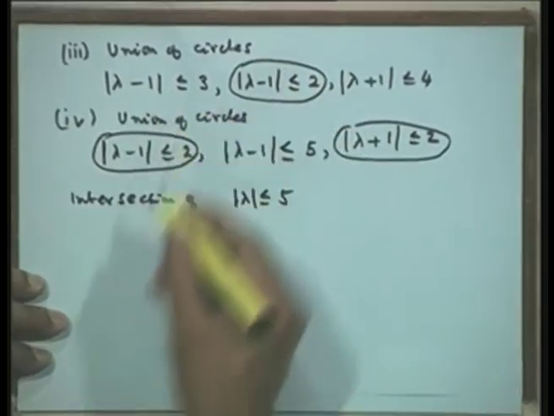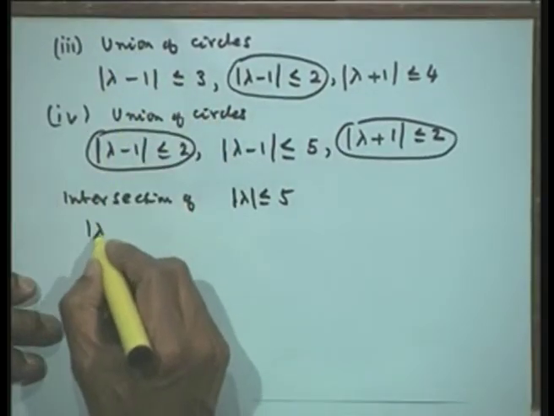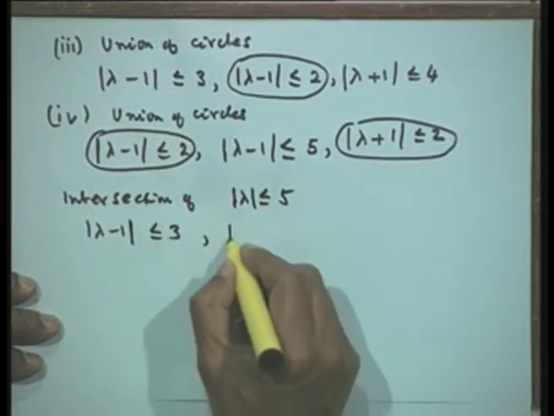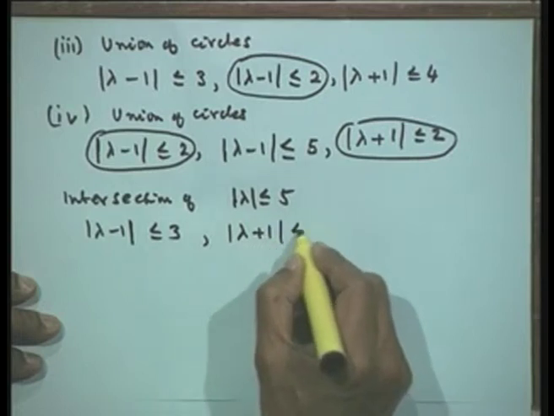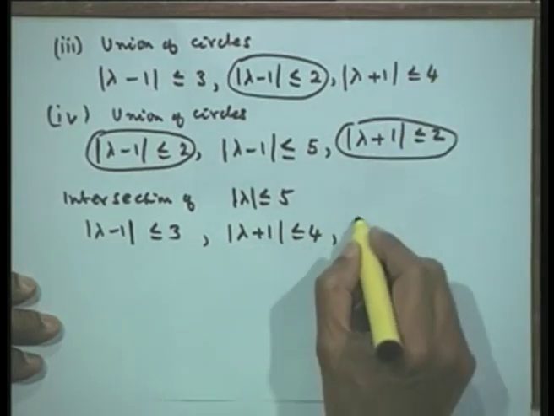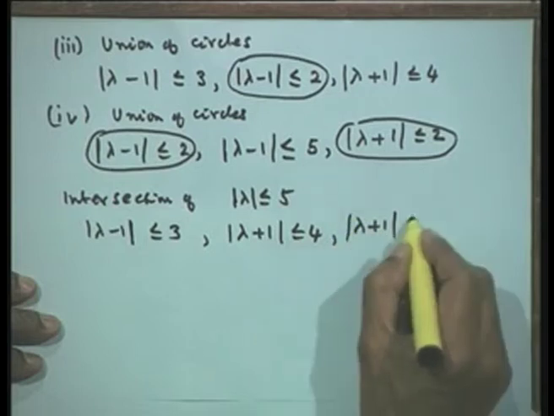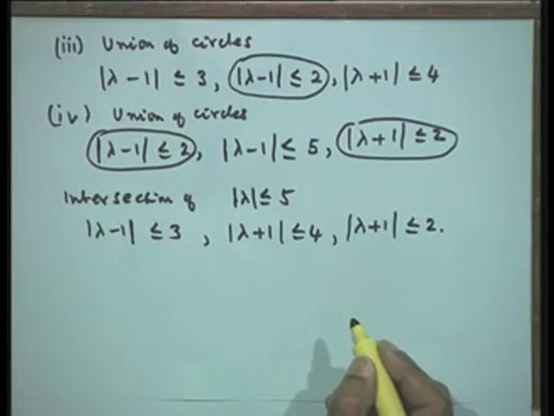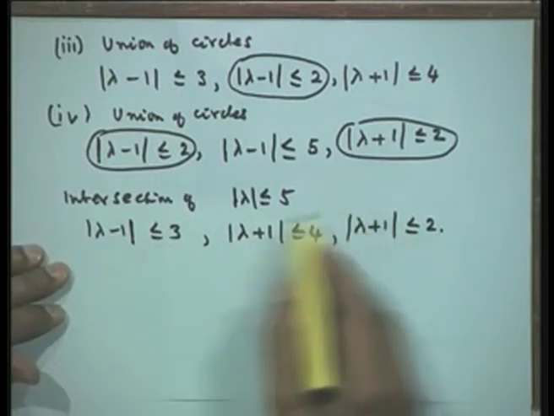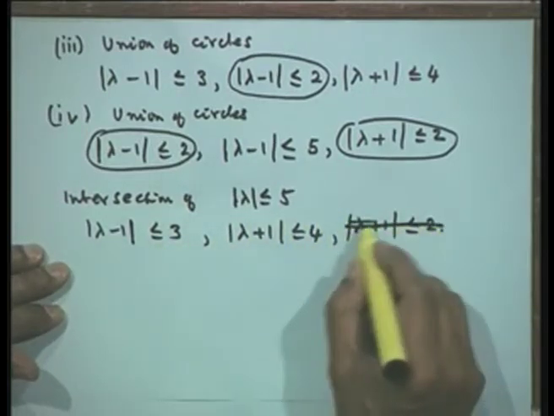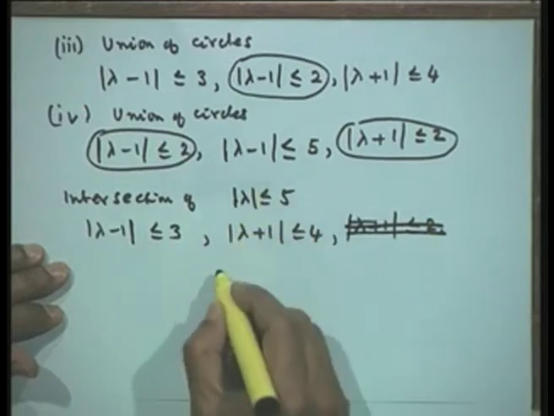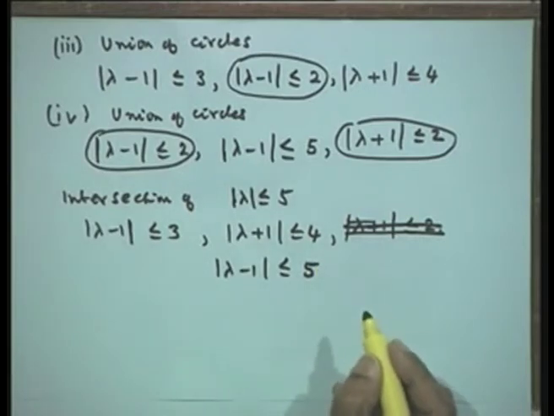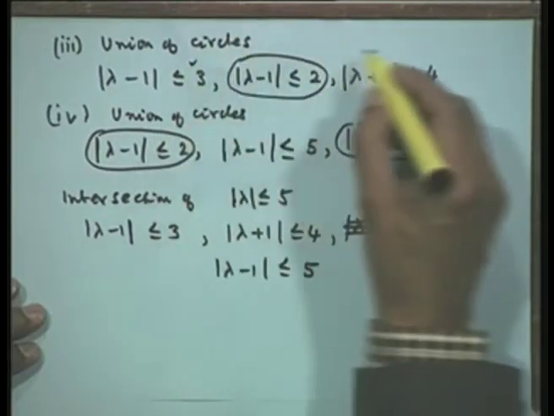Then from the union of circles, magnitude of lambda minus 1 less than or equal to 3, magnitude of lambda plus 1 less than or equal to 4. Oh sorry, this is magnitude of lambda minus 1 less than or equal to 5. I have picked up this one and this one.